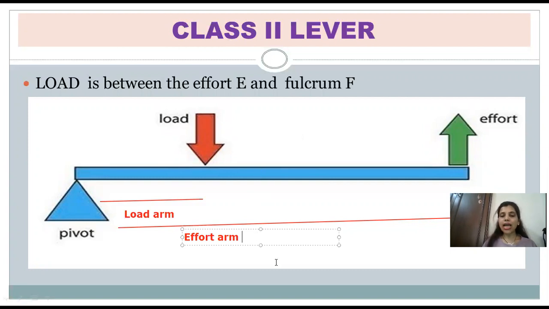As the load arm is going to be less than the effort arm, LA is always going to be less than EA. Therefore, as you know that MA is equal to EA upon LA, that is effort arm upon load arm, in this case MA is going to be greater than 1. So if MA is greater than 1, the class 2 lever is always acting like a force multiplier.